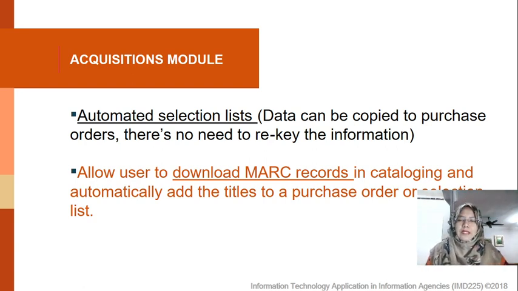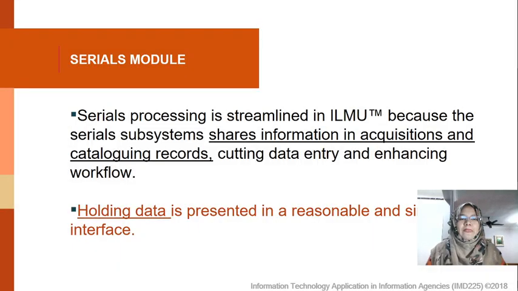Then it allows users to download MARC records in cataloging and automatically add the titles to a purchase order or selection list. While for the serial module, serial processing is streamlined in ILMU because the serial subsystem shares information in acquisition and cataloging records, cutting data entry and enhancing workflow. Holding data is presented in a reasonable and simple user interface.